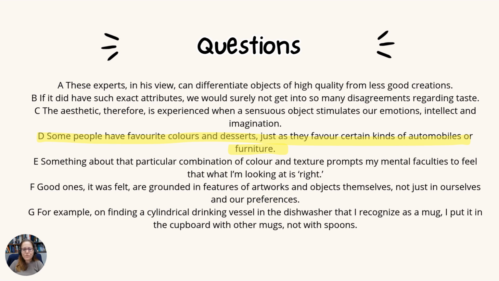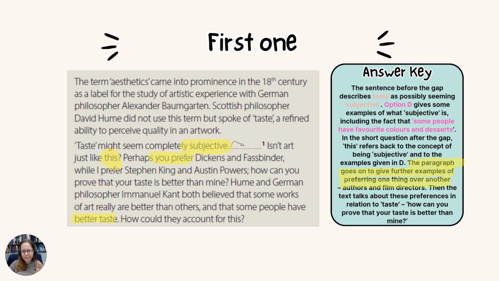Of course, while taking the test, we need to read all the answers and try to imagine them in our minds. But I recommend working one by one, paragraph by paragraph, especially looking at the sentence that comes before and the sentence that comes after the gap.